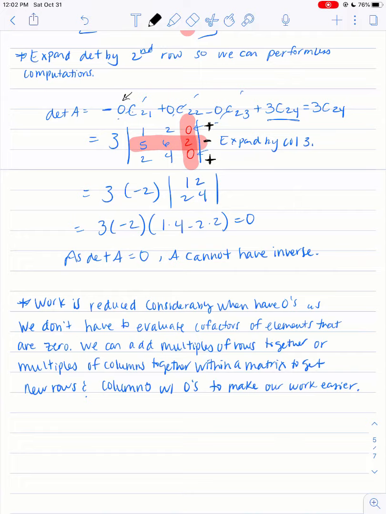That's similar to when we were doing linear systems of equations, when we'd multiply and add equations, and also when we were doing row reduced echelon form, when we add multiples of rows together to get columns or rows with zeros. So we could do that to make our determinant easier, or you could just go ahead and find the determinant.